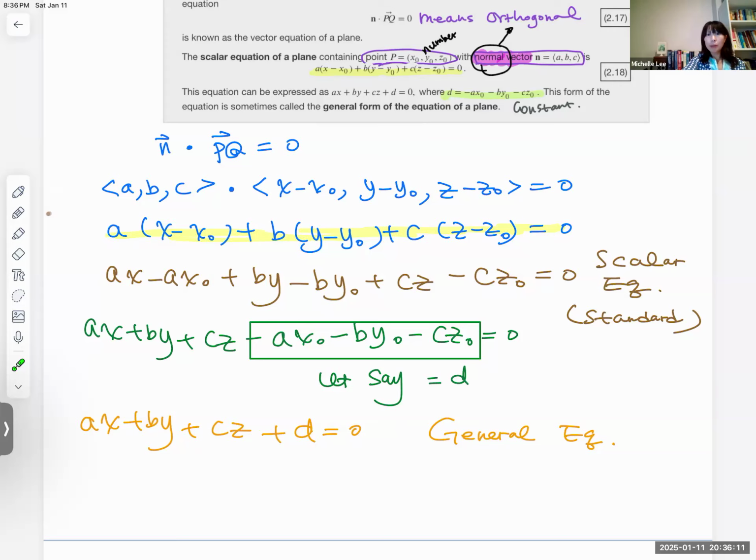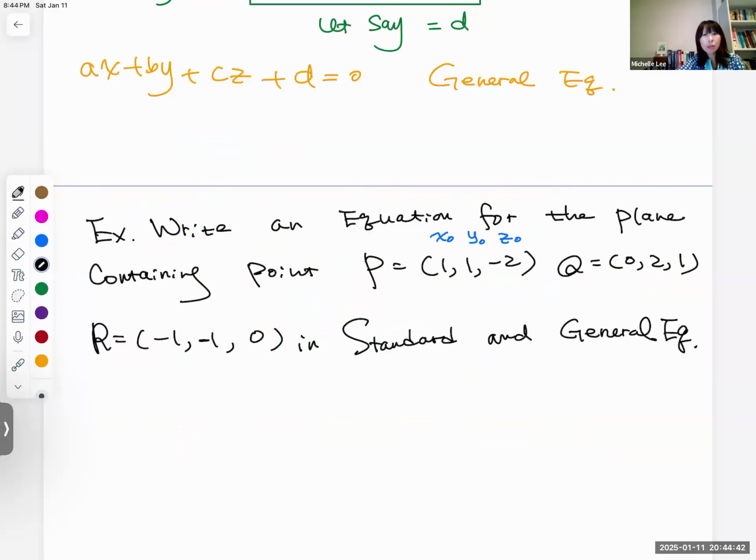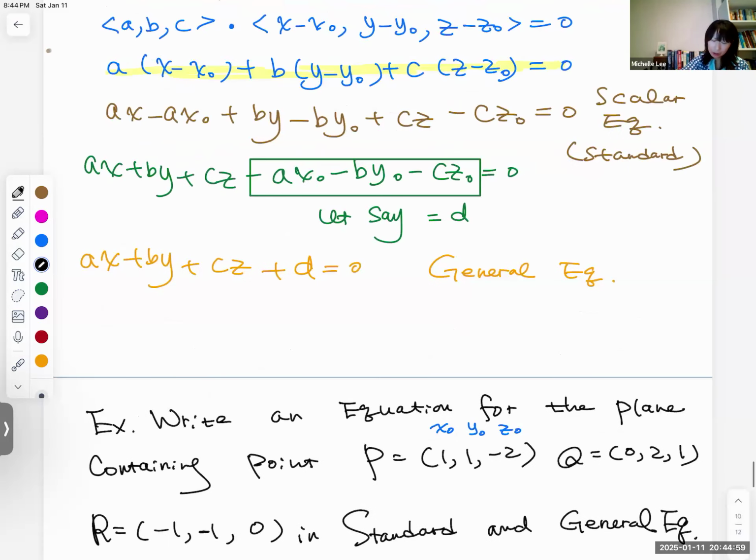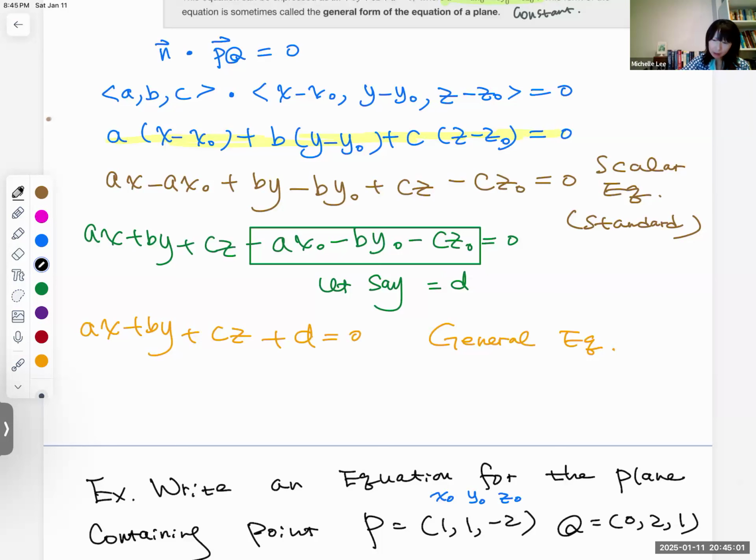Okay, let's do an example. So here is the question, right? Equation for the plane containing points P, Q, R. We want to write down the standard and general equation. So for the standard, we need to start with this one, right? So this is the standard.